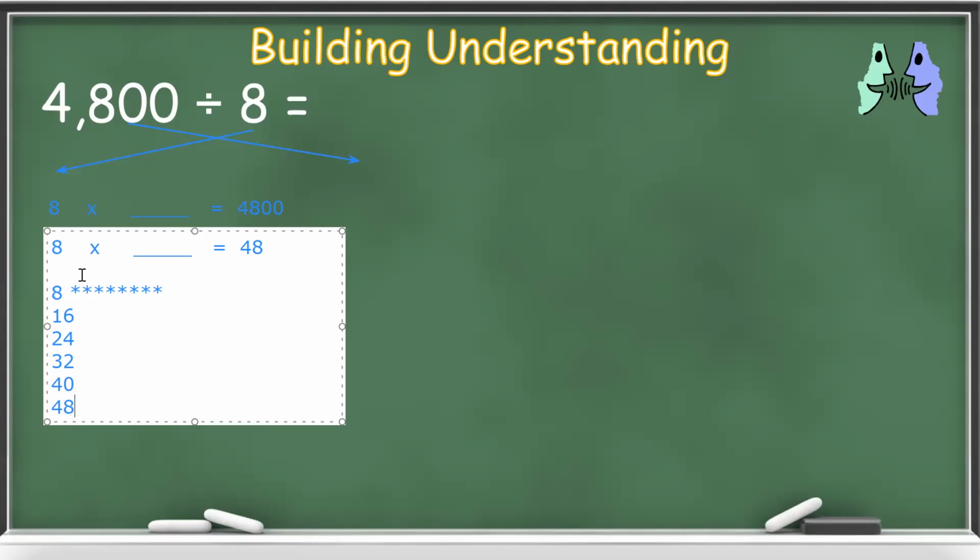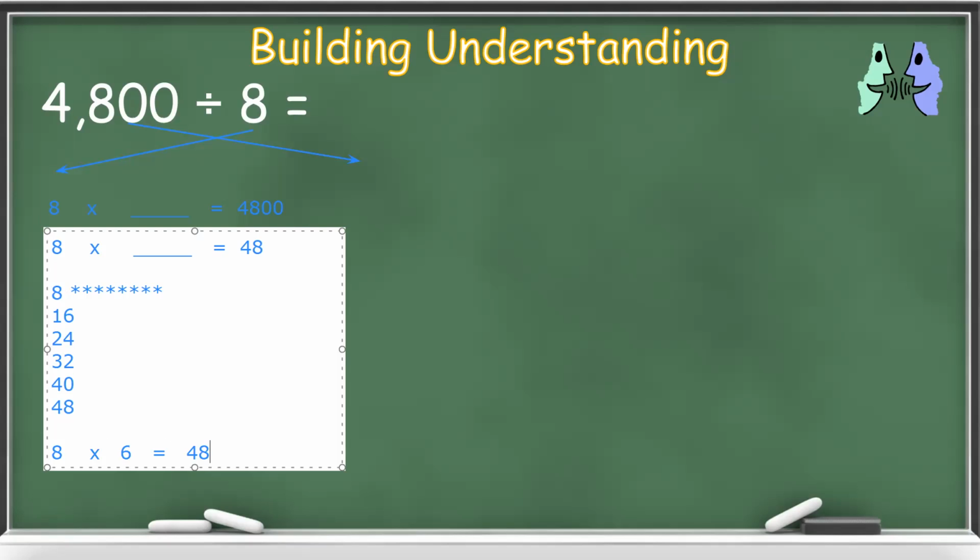And now I have multiplied 8, 1, 2, 3, 4, 5, 6 times. So 8 times 6 equals 48. And my last step is to put my zeros back in on my answer and add them back into my dividend.